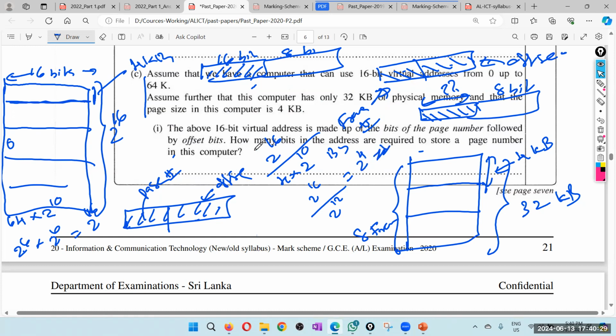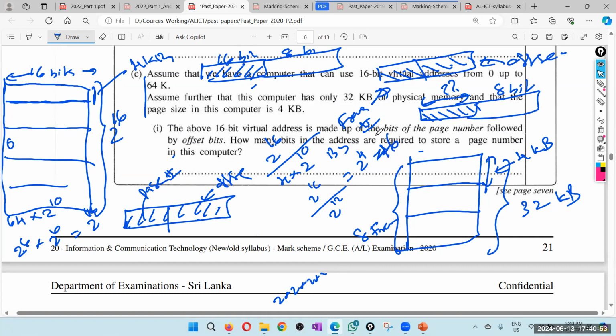Because this is total capacity divided by capacity of 1 page. 2 to the power 4 pages means 2 into 2 into 2 into 2: 2 into 2 is 4, 4 into 2 is 8, 8 into 2 is 16. So we have 16 pages.